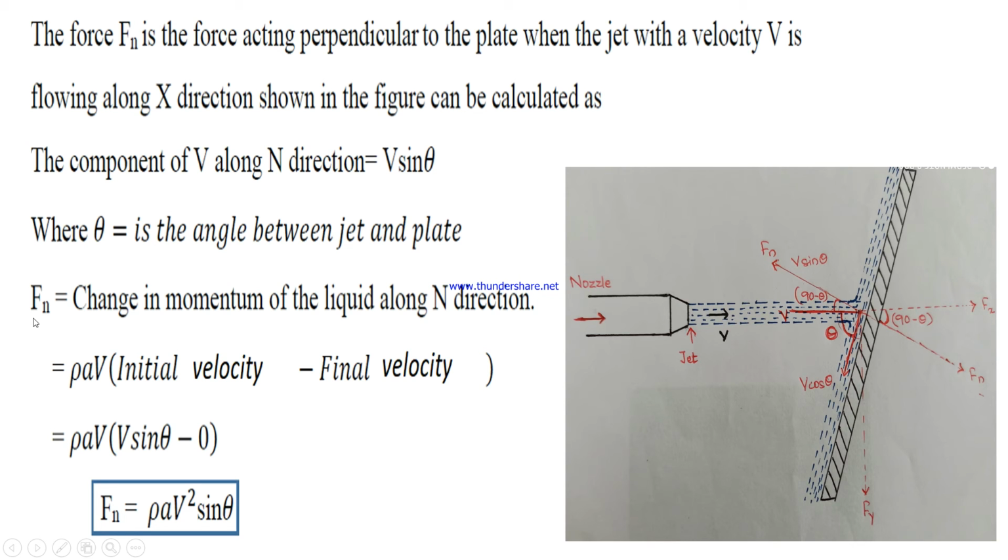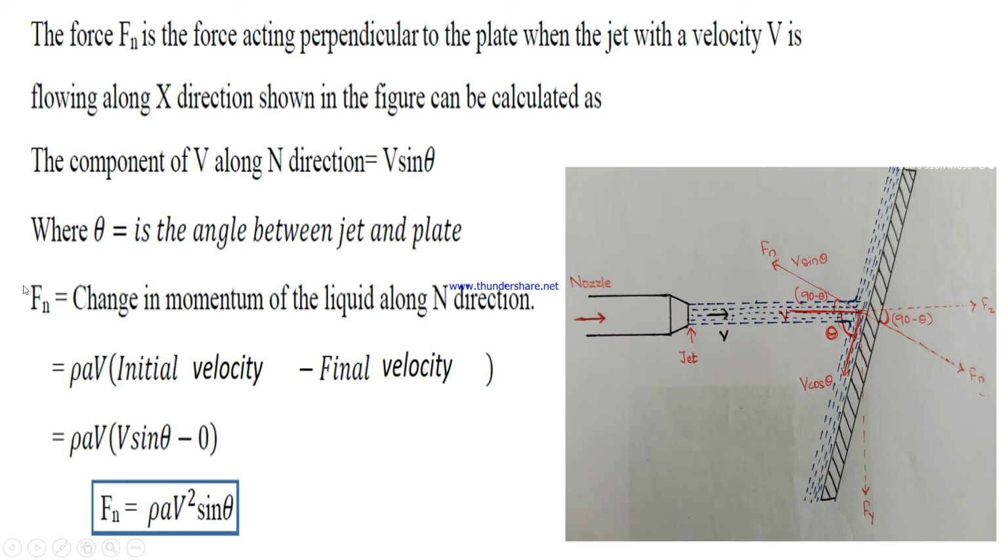Here we are taking the mass flow rate of water that is coming through this jet. So the mass flow rate of water is with respect to this nozzle or the jet. And the initial velocity will change with respect to the direction.